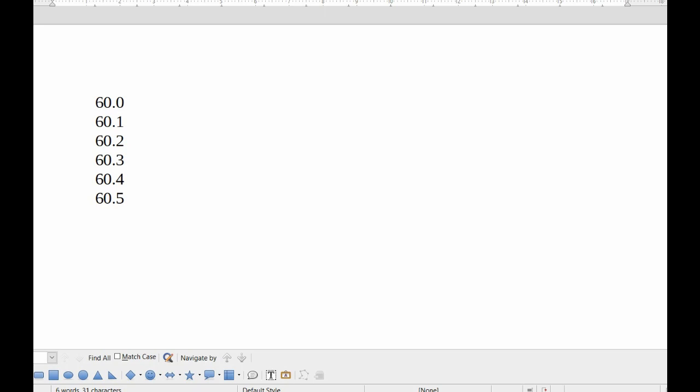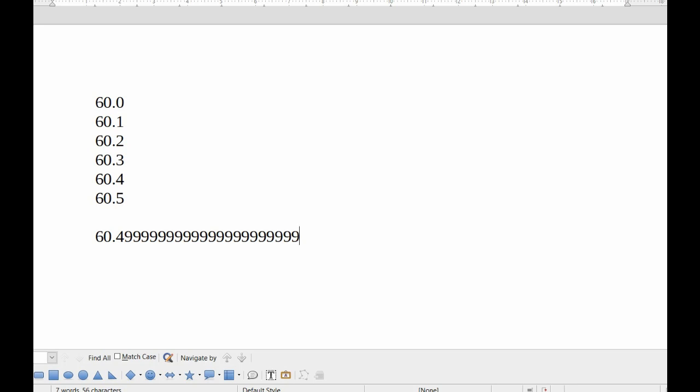But what about this number? What about 60.49? That would round down to 60. And no matter how many 9s I have there, it's not quite 60.5, and it will still round down to 60.